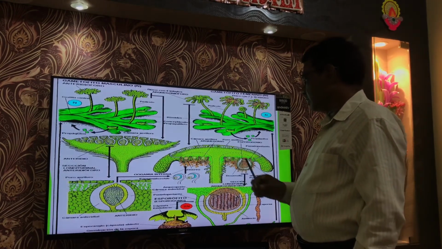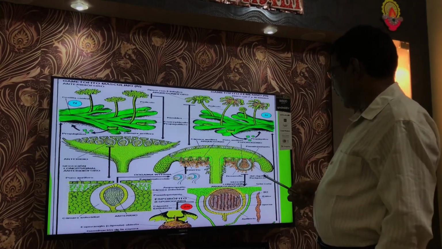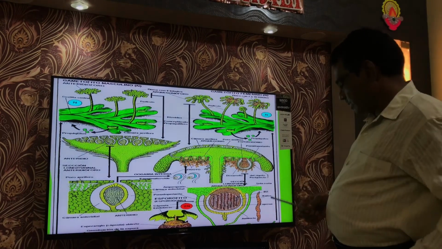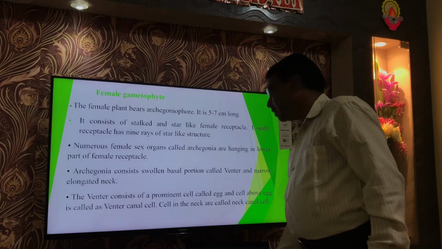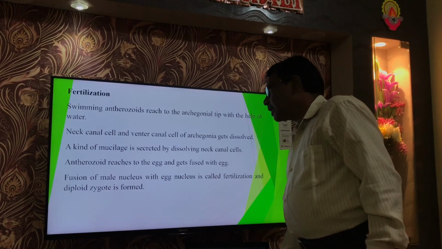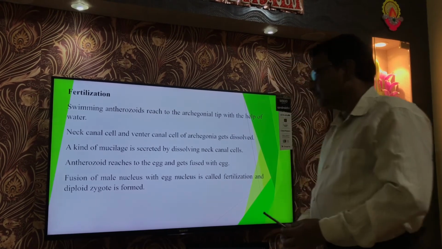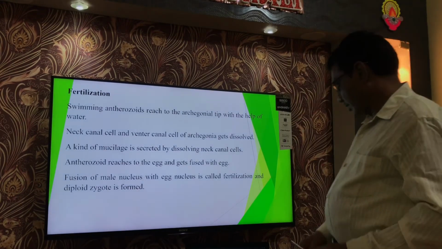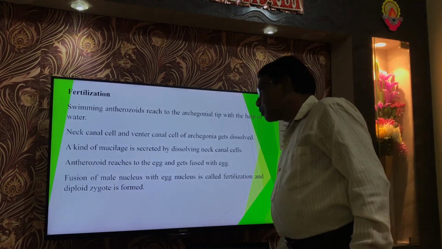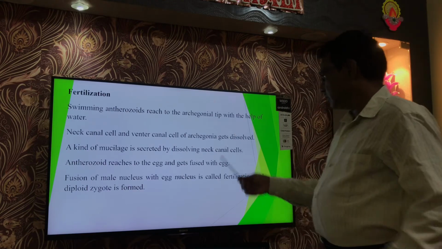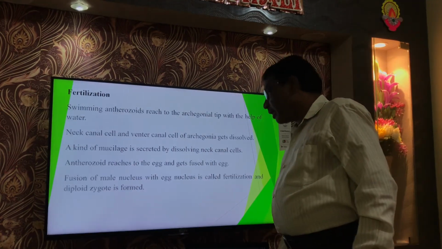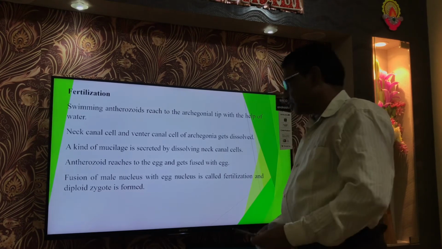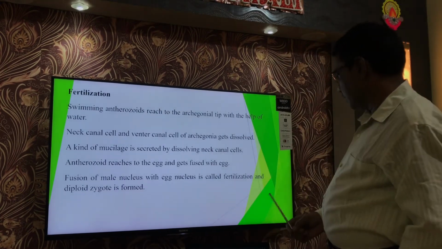This product of the zygote, which is diploid, divides, redivides, and produces the next stage in the life cycle, that is called the sporophyte. We have talked about this process of fertilization that results in the formation of a diploid zygote.